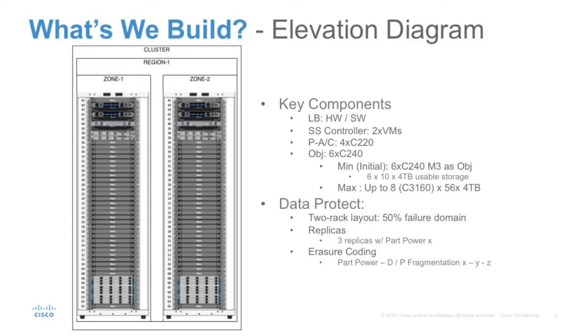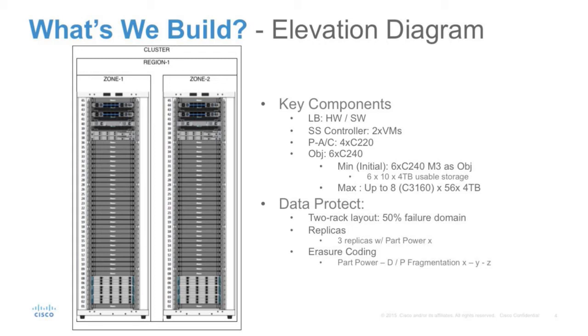We put it on VMs, and we use UCS C220 as the proxy node and C240 as the object node. In the initial stage, of course, we also tested other form factors like the C3160, which has more drives and provides more capacity, and we have all the benchmarking results regarding that.